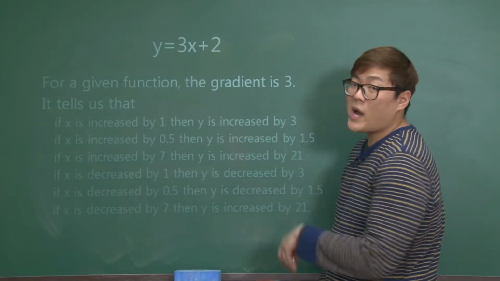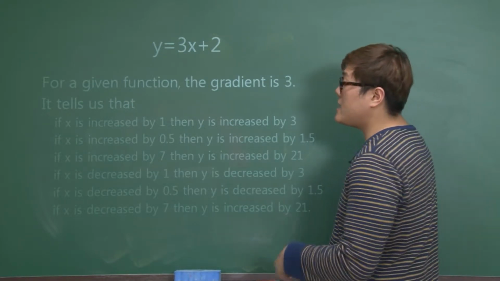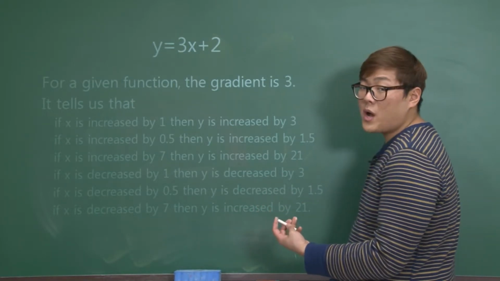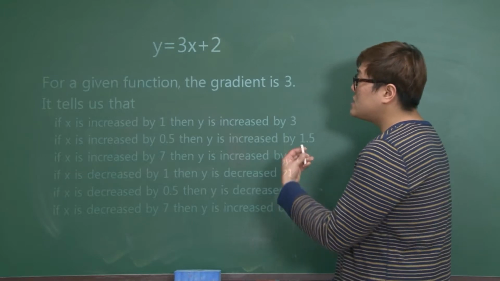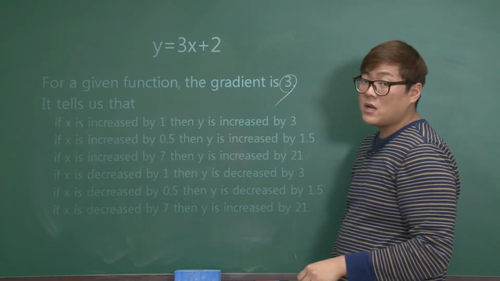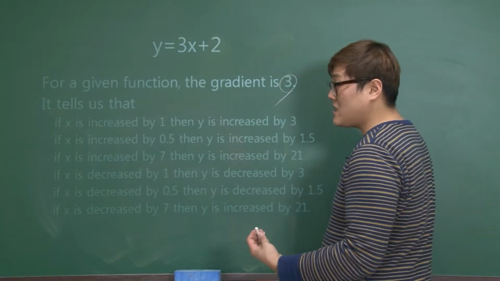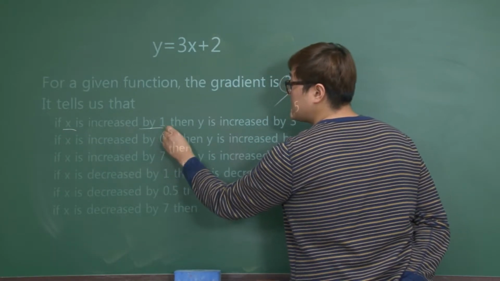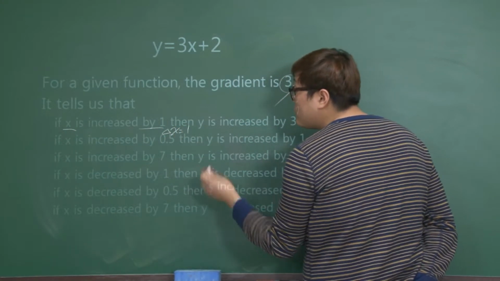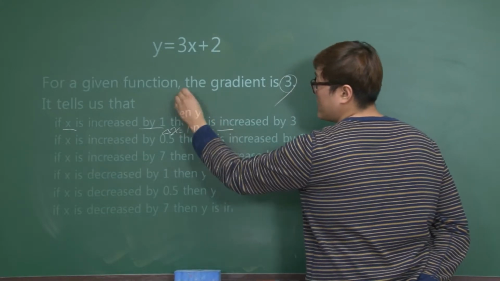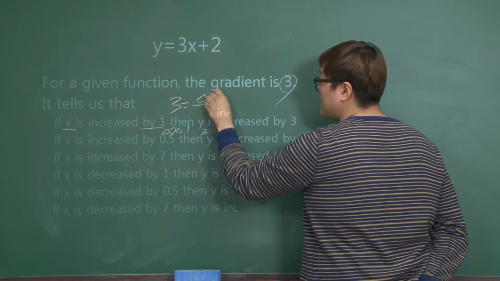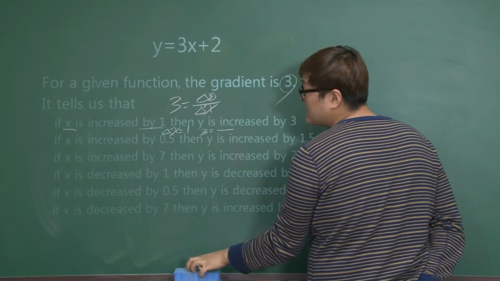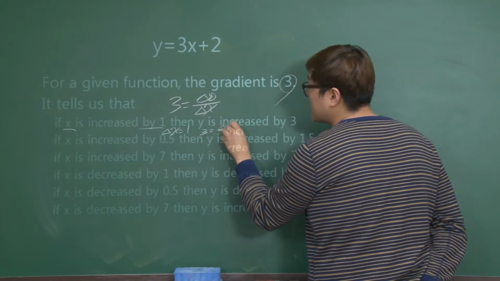So you're given y equals 3x plus 2. What do you know about the function? You know the gradient is 3. So if you increase x by 1, that means delta x is 1. Then 3 equals delta y over delta x, so if delta x is 1, delta y is going to be 3.